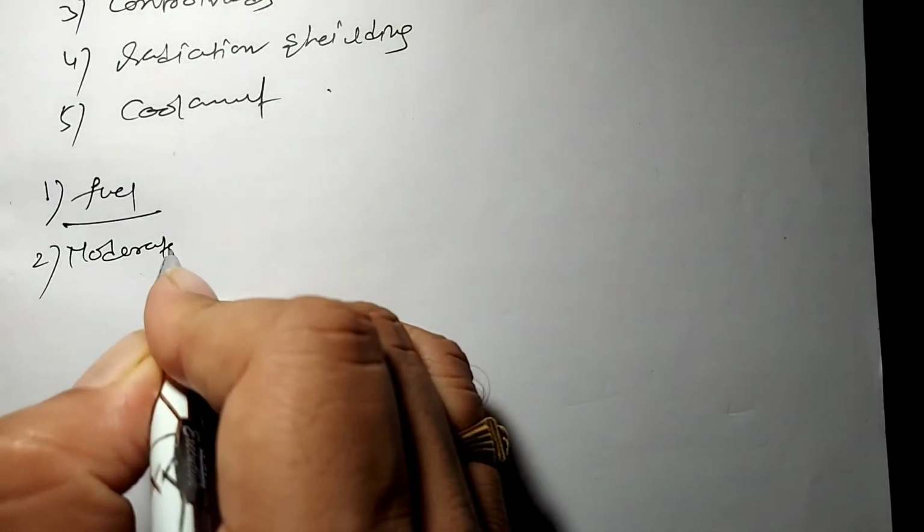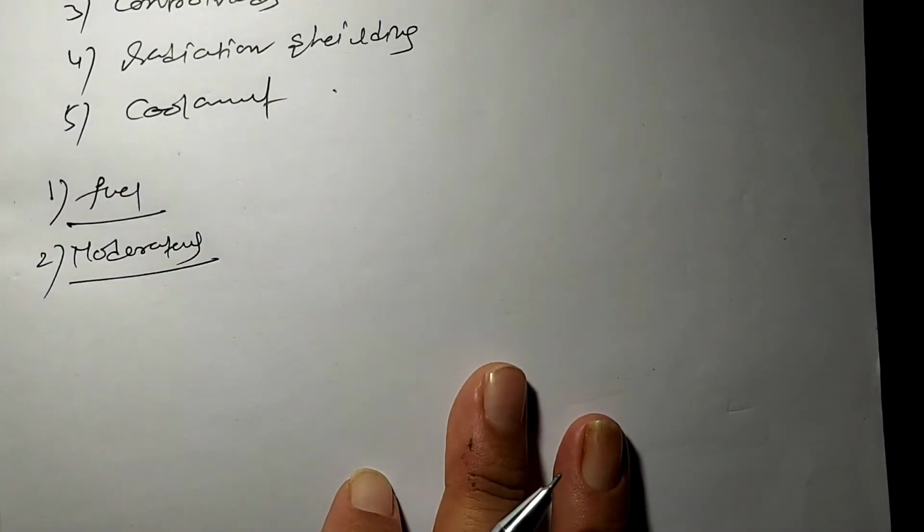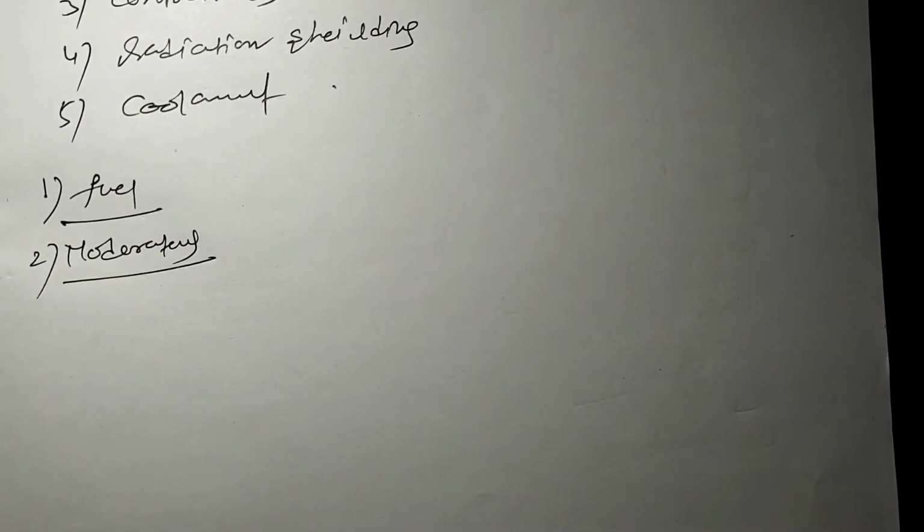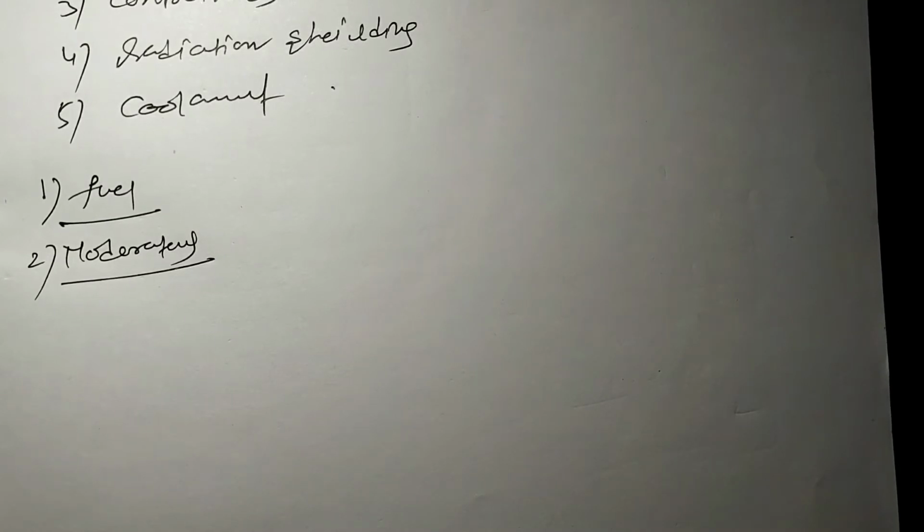Moderators. What are the moderators? The substances which are used to reduce the velocity of neutrons are called moderators. That means in the nuclear fission process, neutrons are released. If the speed of these neutrons is very high, then the chain reaction may not take place, so their velocity must be reduced.